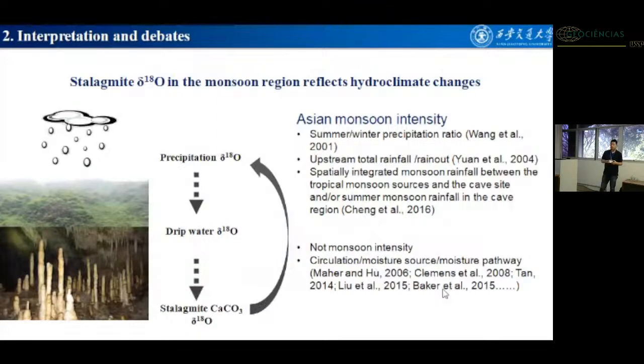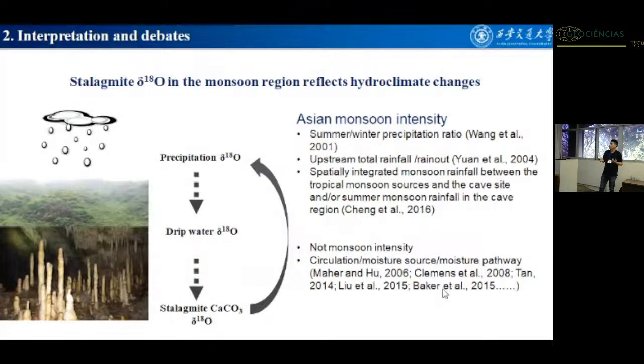In the last 20 years, most speleothem researchers in the Asian monsoon region suggest speleothem delta 18O can reflect Asian monsoon intensity, associated with the summer-winter precipitation ratio, as proposed by Wang in 2001.